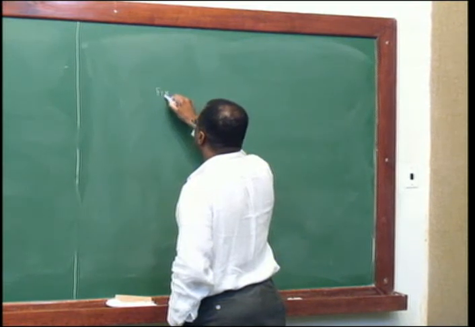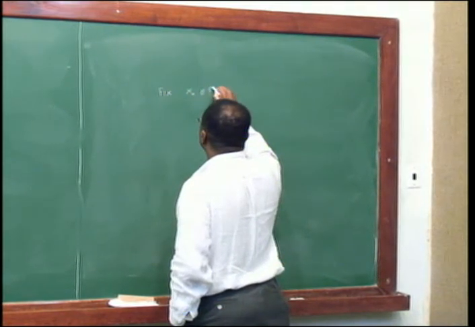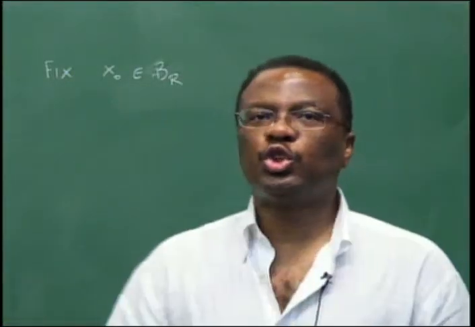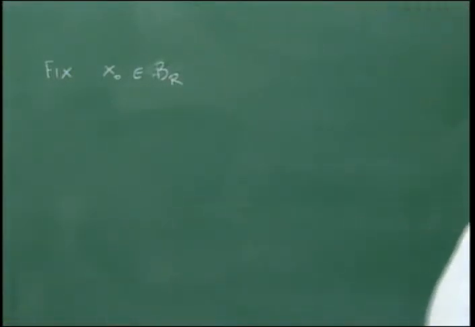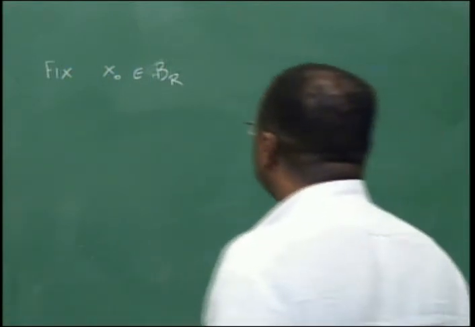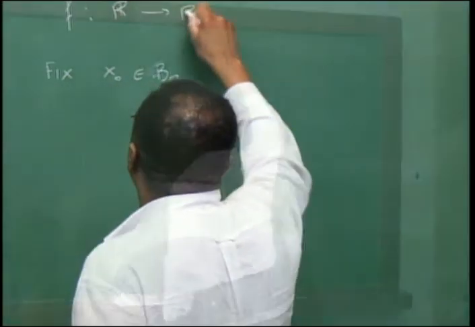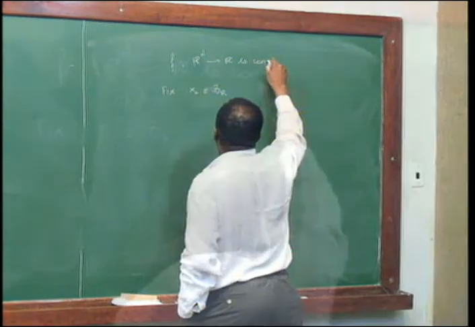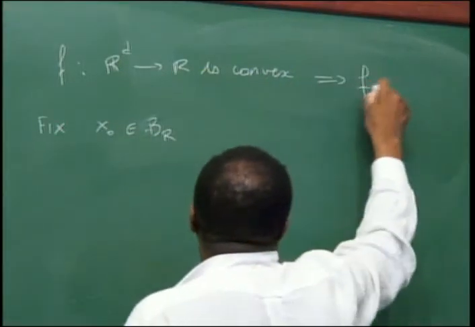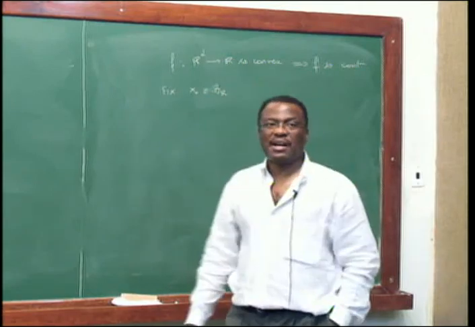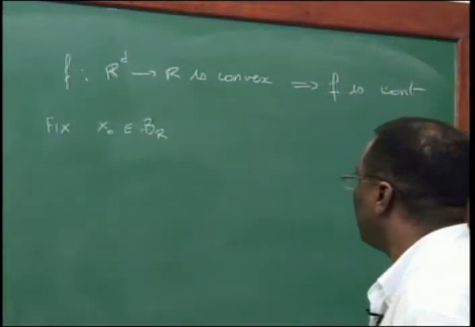So fix x naught in R^d, in the ball of radius r. I want to show that the gradient of f, where f from R^d to R is convex, which implies f is continuous. The fact that it doesn't take infinite value implies that it is continuous.